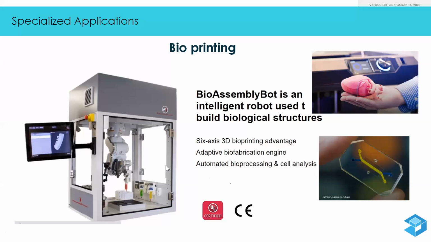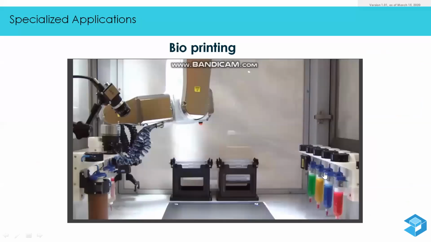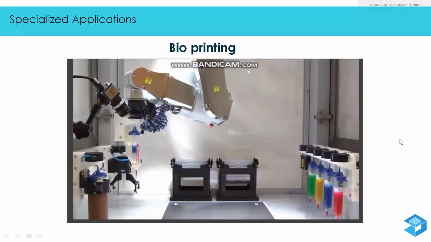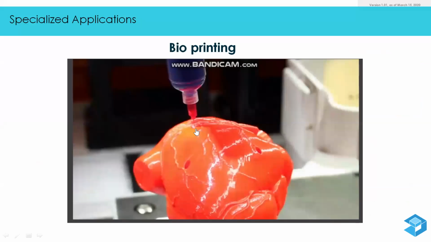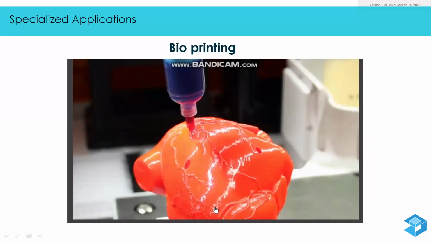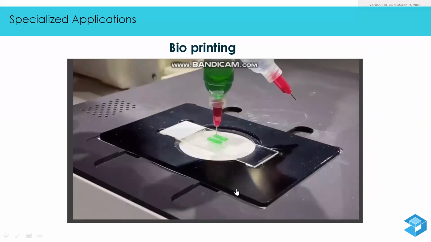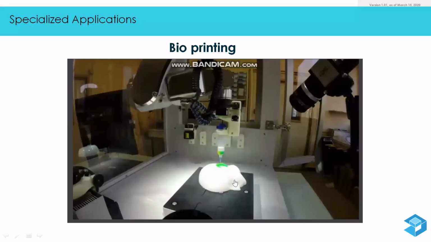This is a 6-axis 3D bioprinting machine. You can see it's printing a spine over here. This is the process. You can see they're making veins over here. They're making the skull component.